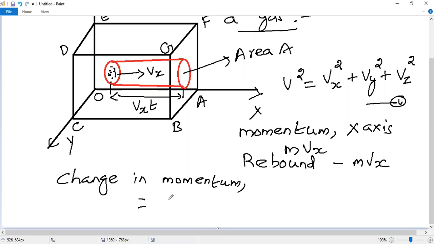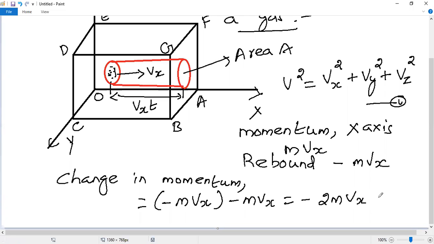Change in momentum is final momentum minus initial momentum. Final momentum, that is the rebound momentum, minus m vx, minus initial momentum m vx. Then you will get minus 2m vx. This is equation number 2.